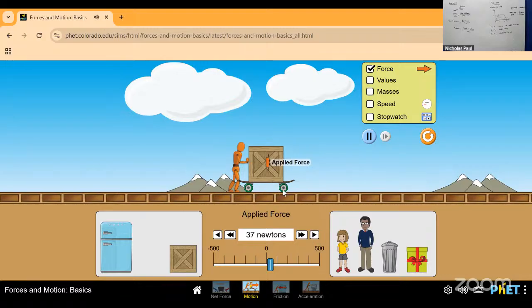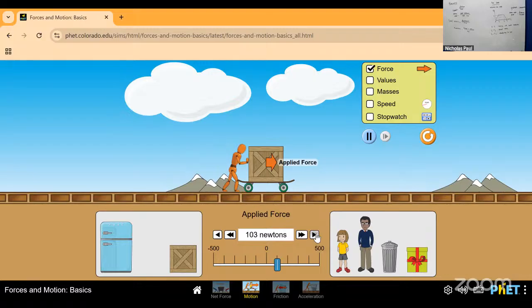Watch this. He's applying a force of 37 newtons, but it's still going in the opposite direction. Now when it reaches 100, right now, it's going in the opposite direction.